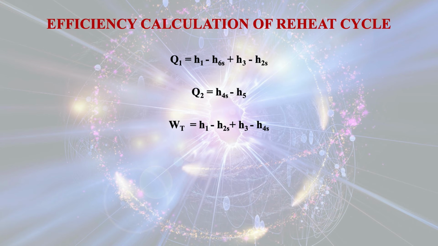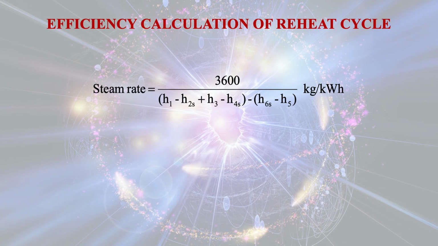So the net work done by the two turbines is H1 minus H2S, that is the work done by the high pressure turbine, and H3 minus H4S, that is the work done by the low pressure turbine, minus the Wp, which is equal to H6S minus H5, and the net heat input is H1 minus H6S, plus for the second case the heat input in the reheater is equal to H3 minus H2S.